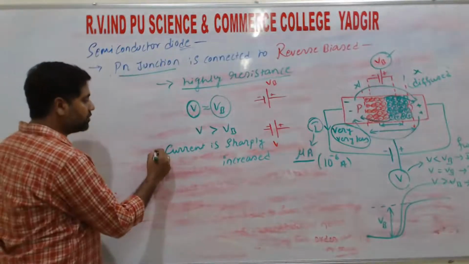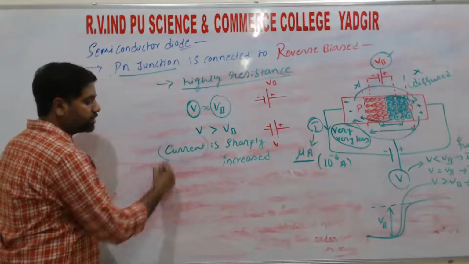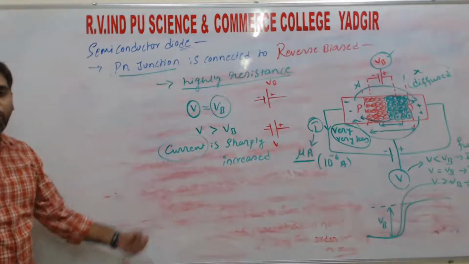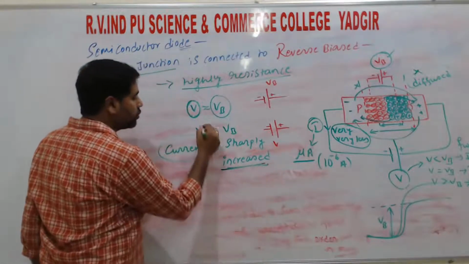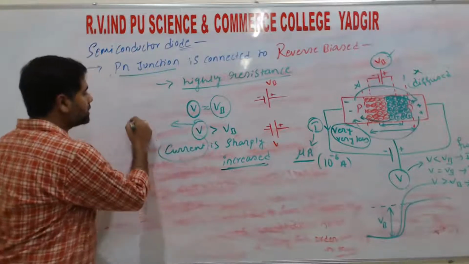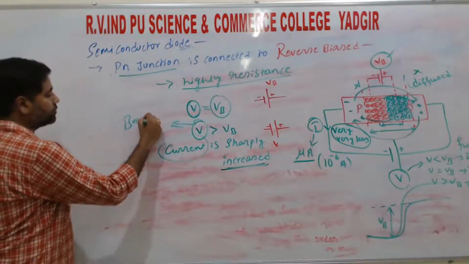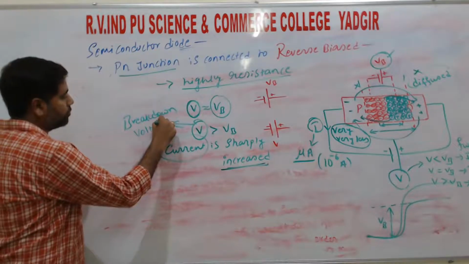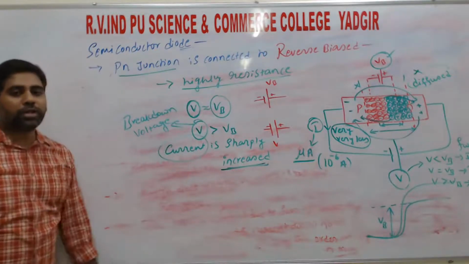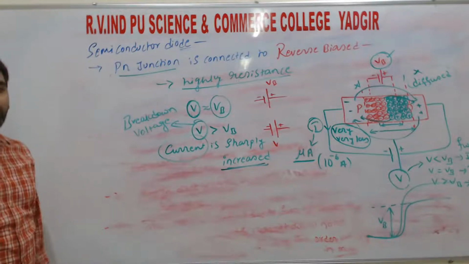That current is in the negative direction, in the opposite direction, and it sharply increases. That voltage we call the breakdown voltage.